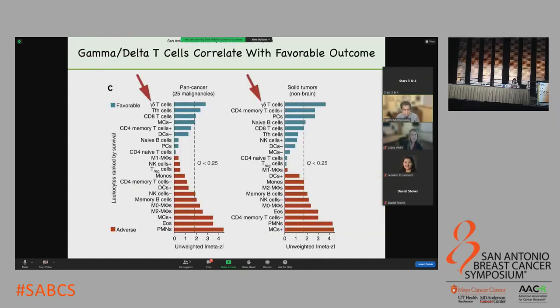I just want to make one point: if you look at all the types of T cells that were deduced from this data analysis, the top cell population that correlates with favorable outcome for multiple malignancies is the gamma delta T cell population, suggesting that there is something positive about having a higher percentage of gamma delta T cells in the tumor milieu for a good outcome. And exactly what they are seeing, how they are killing, are questions of great interest to a lot of people in the field, including us more recently.